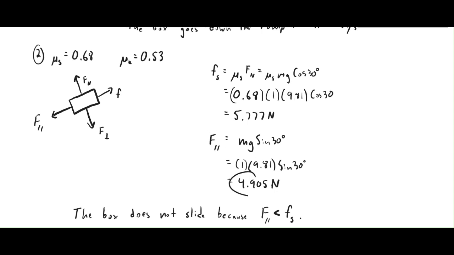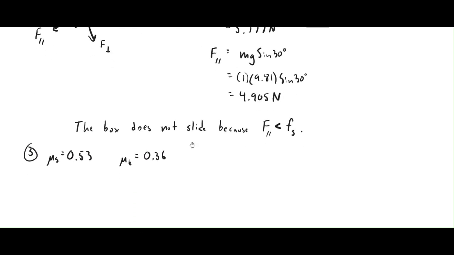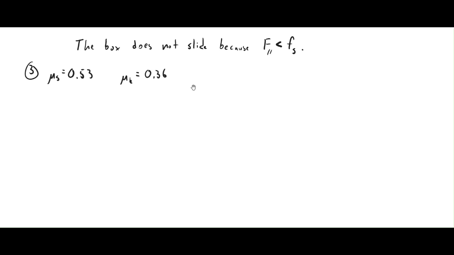Our F parallel will remain the same, but our static friction will be different. We have a different number for this. So let's just put in that formula again. So we find our static friction. This time we have a different coefficient. Let's just write it out.